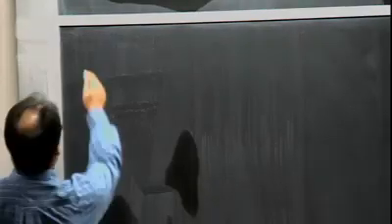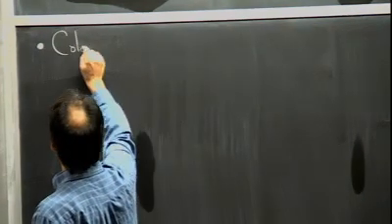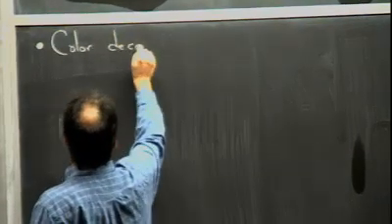Part of the reason is that all this structure, the color structure and the polarization vectors, makes the computations incredibly complicated. So people have developed techniques to simplify the problem using the idea of divide and conquer. We're going to divide the problem by using something called the color decomposition.